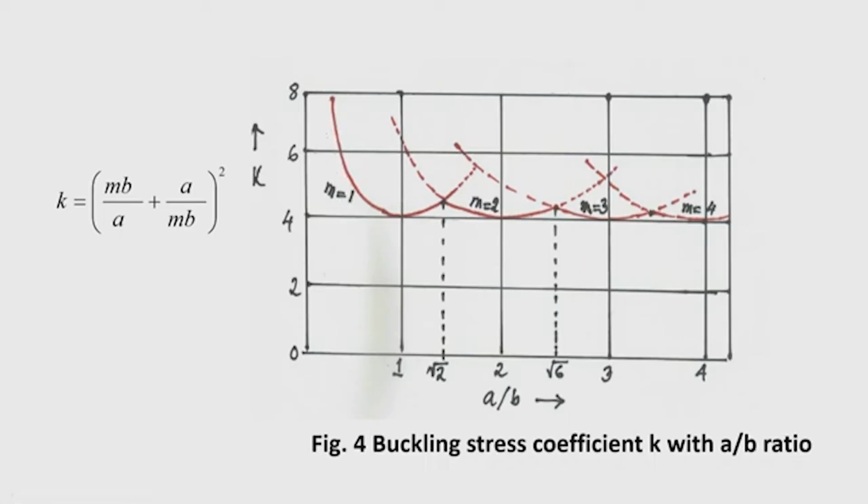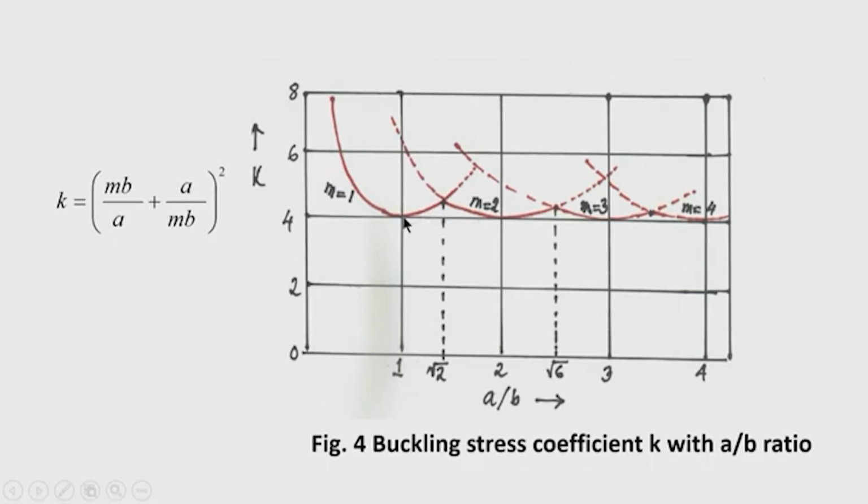That means you have to put the value of m in the buckling coefficient as 1. Okay. For example, if the aspect ratio is 1.2, in that case the critical stress coefficient will be slightly higher than 4. Okay. At exactly 1 it is 4.